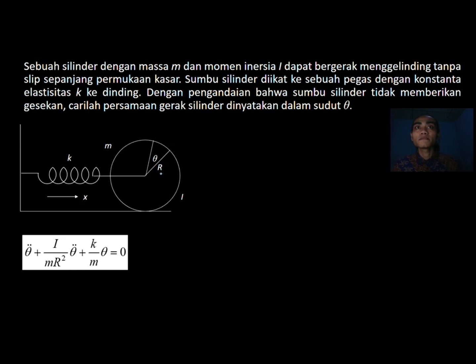So the equation is theta double prime plus moment of inertia over mass times radius squared times theta double prime, plus k, the constant over mass, times theta, equals 0.